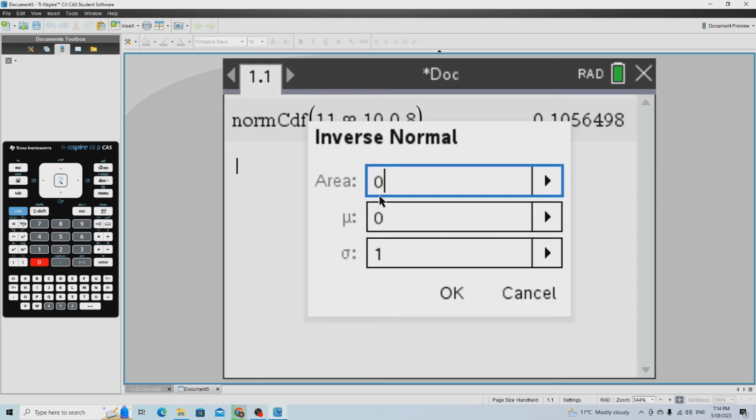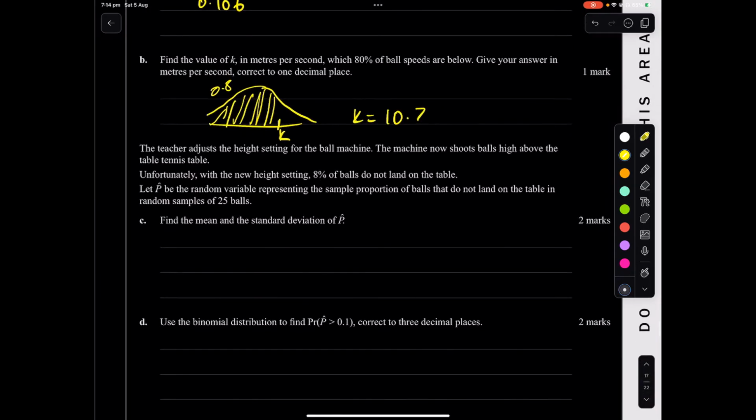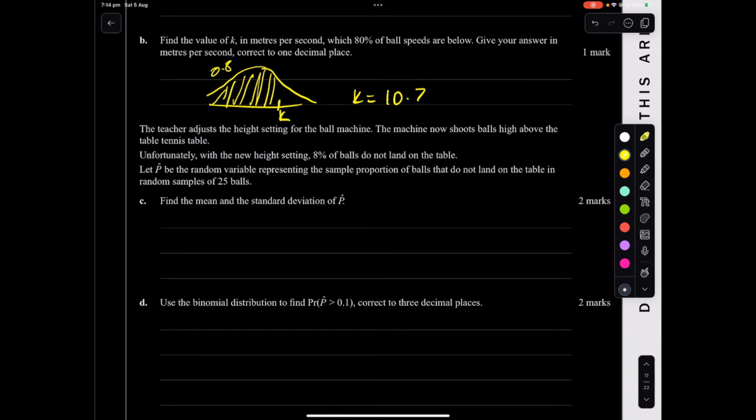Our area is 0.8, our mean value is 10, and our standard deviation is still 0.8. That gives us 10.67. So to 1 decimal place, k equals 10.7.